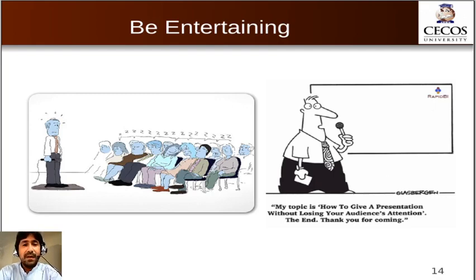For example, you may ask questions, you can share different jokes during your presentation if it is permissible or allowable, but remember that you have to be careful while you are sharing jokes with the audience, because you have to be careful about the selection of the jokes, that it is not targeting a specific religion, a specific people of the society, or it is not about racism or gender discrimination, things like that. So your jokes selection must be done with great care.